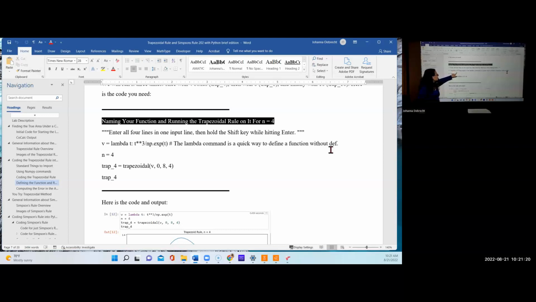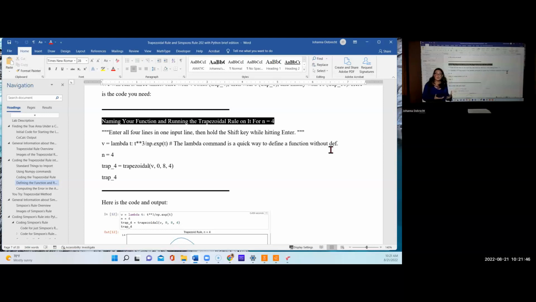Then I use a colon, and then I give the expression of the function. And I define it to be v, but without using the define command. So this is t cubed. Notice that to the power is not using the caret symbol, which is pretty common. It's a double asterisk. So a double asterisk is to the power of, divided by np.exp of t.